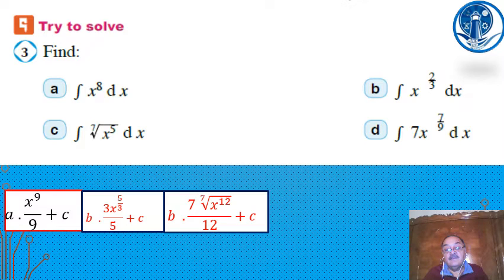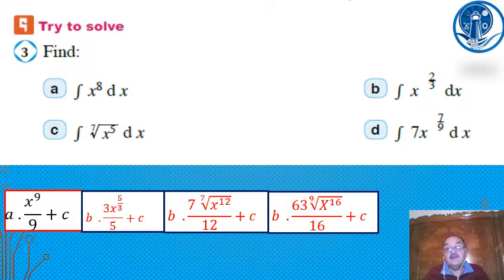Okay. Next, it will be 16 over 9, and this will be 63 over 16. Very good.